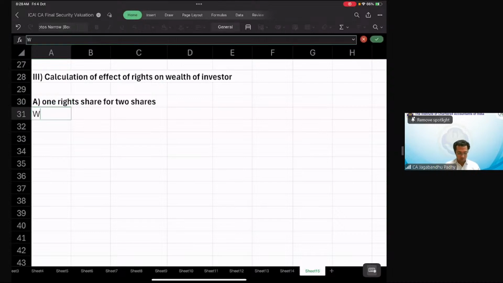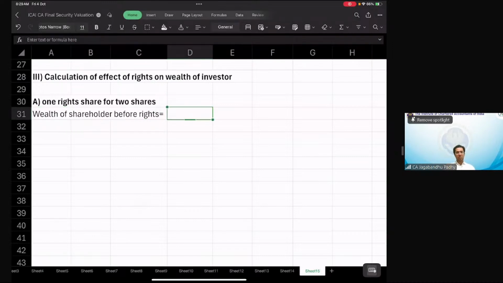What is the wealth of the shareholder before rights?